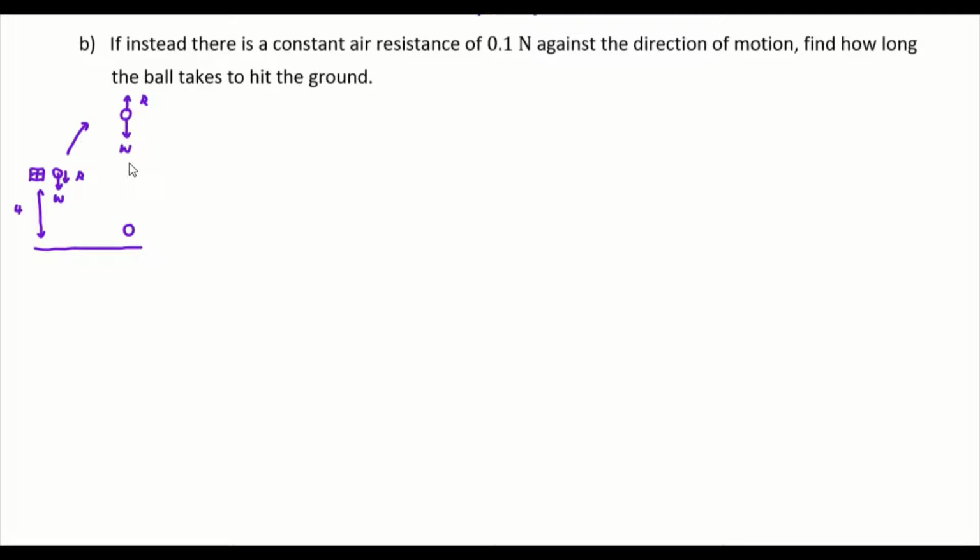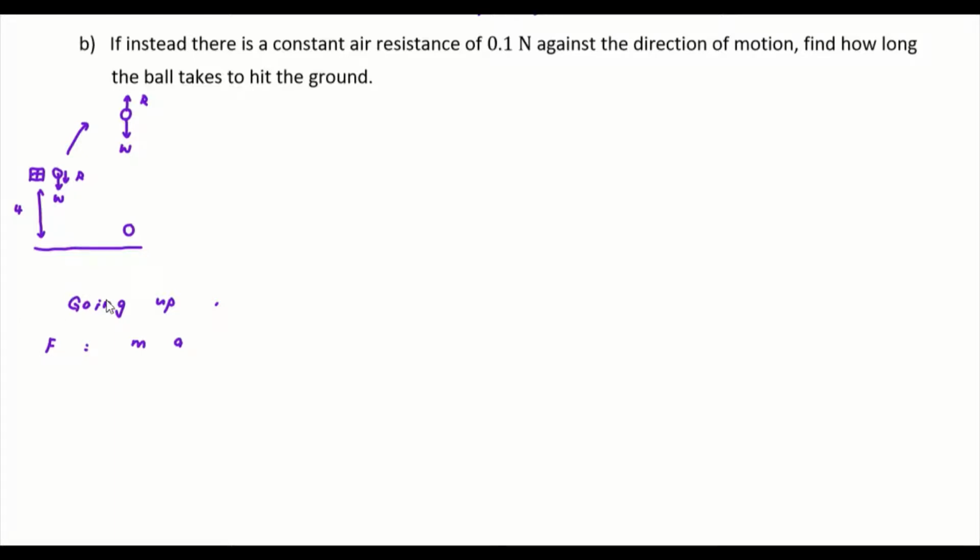So what we need to do now is try to find out the going up part first, like what's the net force and then what's the acceleration here. So the first part is when it's going up. Same thing, net force is equal to mass multiplied by acceleration. We can denote whether going up is positive or going down is positive.